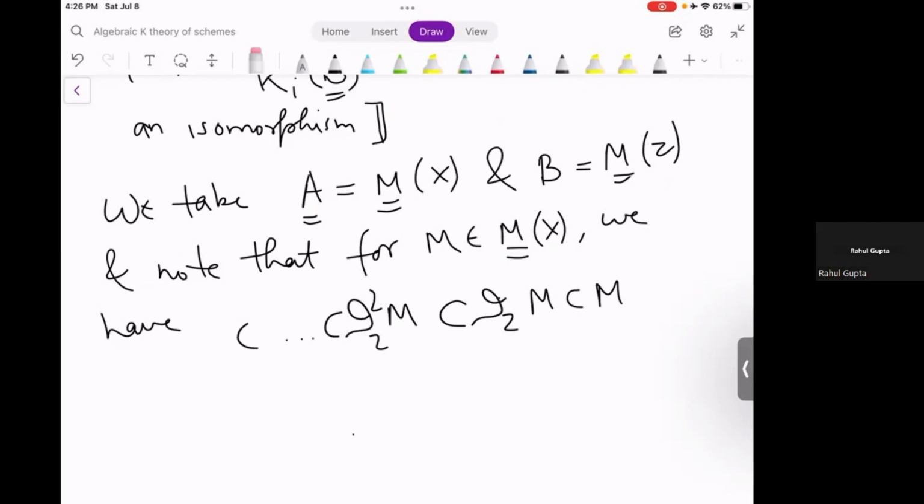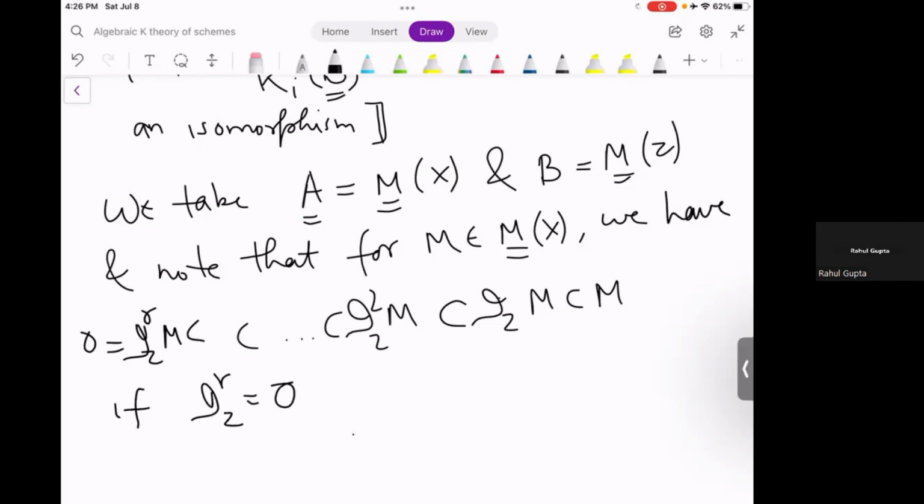And I have assumed, say, this is nilpotent, right? So some power of this I_Z will be 0. So there exists a star such that I_Z to the star is going to be 0, and then I have a finite filtration of M.